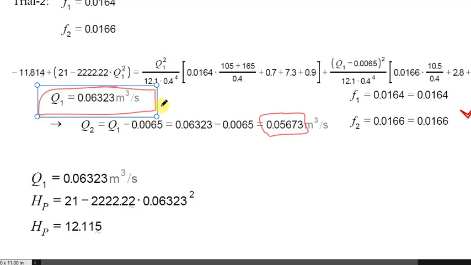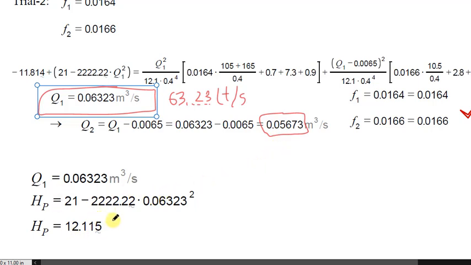Even by equation you can get a more specific answer, because in the previous solution we got 63 and we don't know the decimals. We just said 63. Here you can know that it is 63.23 liters per second. So it is more precise, more detailed results.